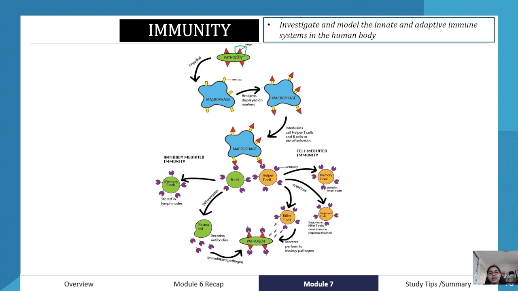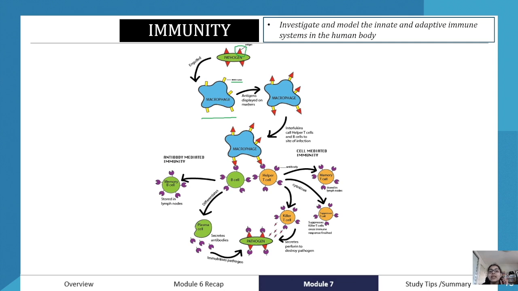So once the body sees this, these pathogens are immediately engulfed by macrophages. And macrophages have the MHC, so they're able to see what the antigen is here, basically. So these macrophages go ahead and engulf the pathogen, like macrophages do.